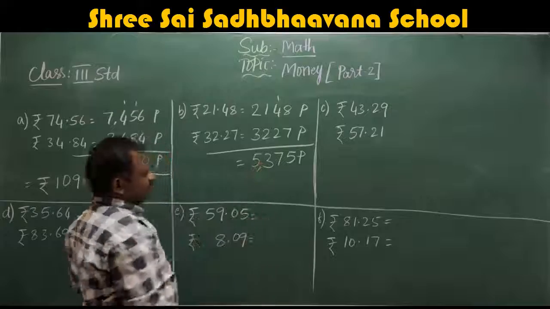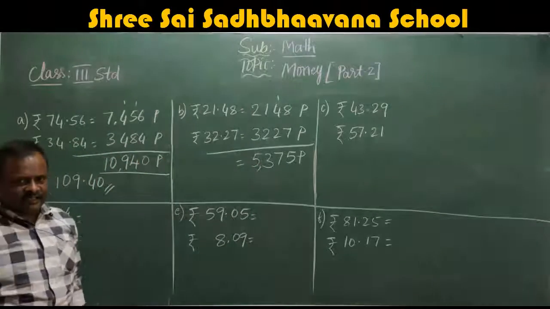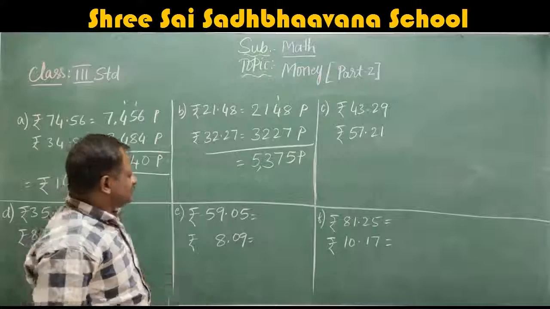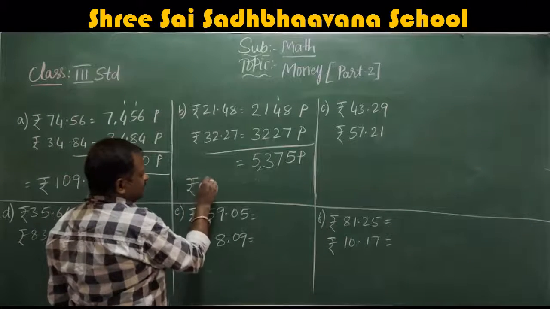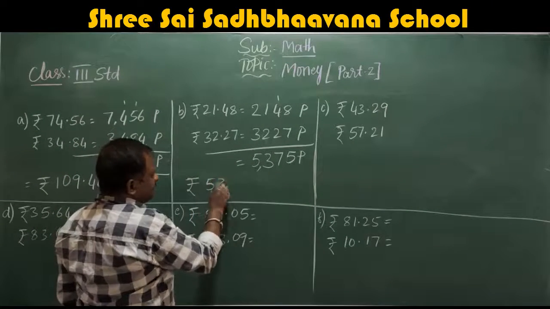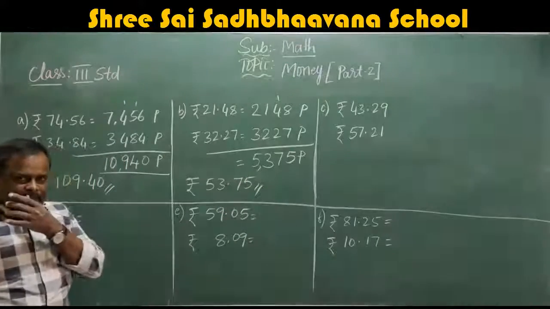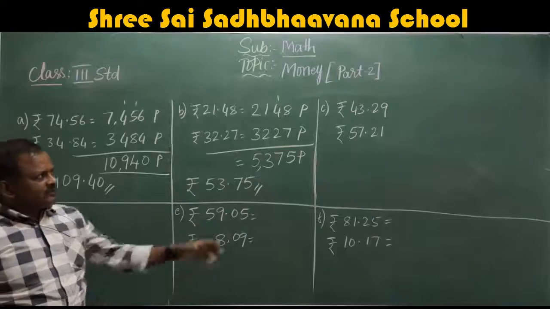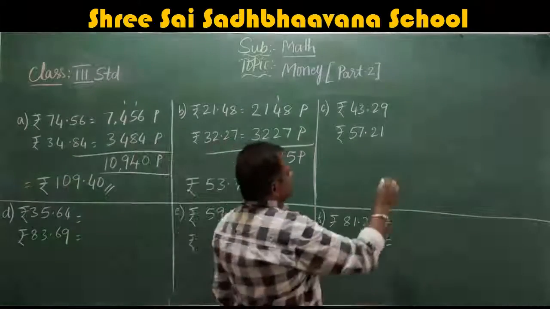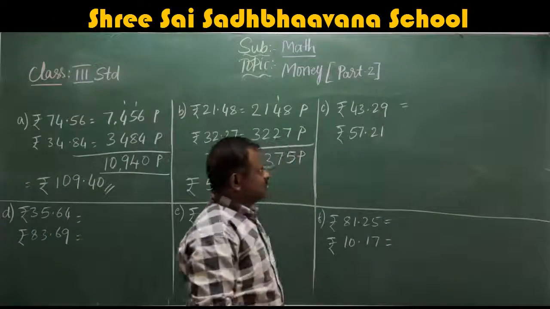So this becomes 5375 paise after adding. Convert this into rupees. Rupees 53.75.